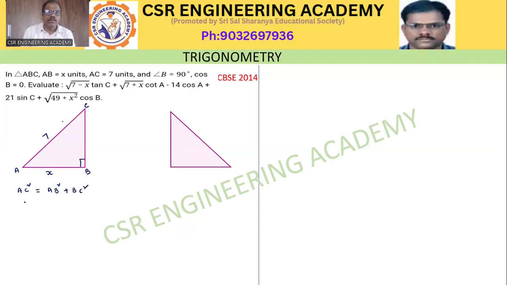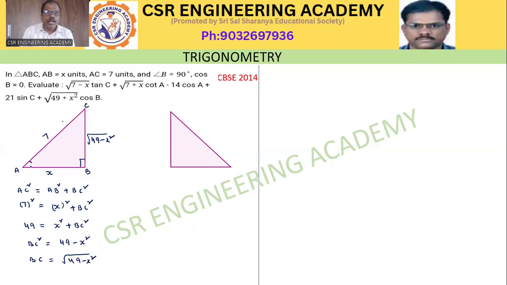AC is equal to 7 units, that is 7 whole square is equal to AB, that is x, whole square plus BC square. 7 whole square is 49, equal to x square plus BC square. BC square is equal to 49 minus x square. BC is equal to root of 49 minus x square.